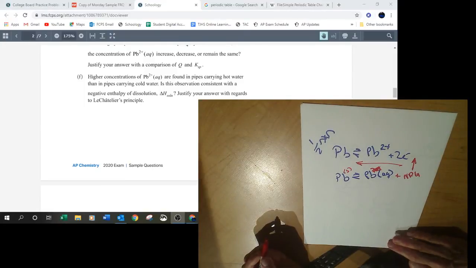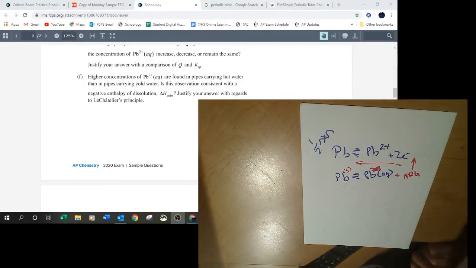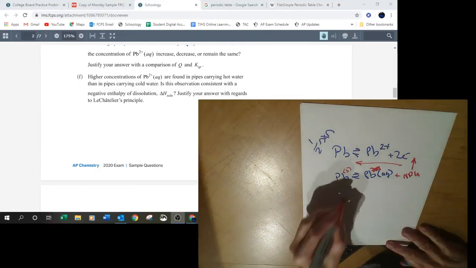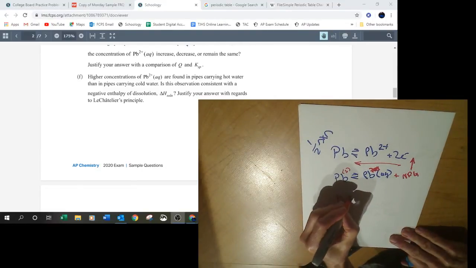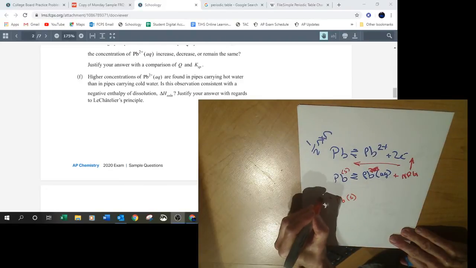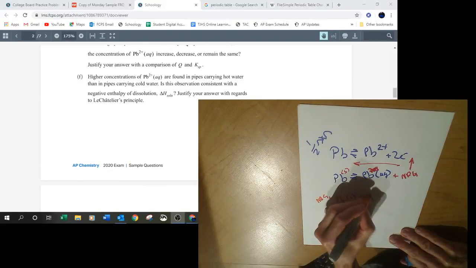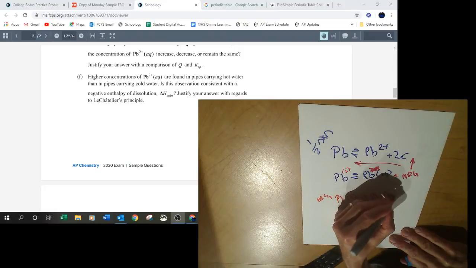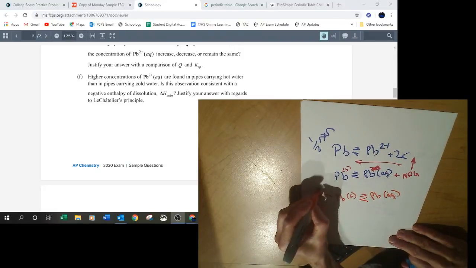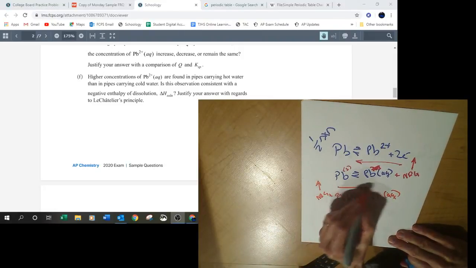What that would say is, if it's a negative enthalpy of solution, then lead solid plus energy should go to lead aqueous if we observe there to be more dissolved lead in hot pipes.